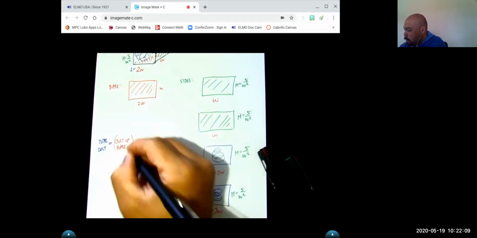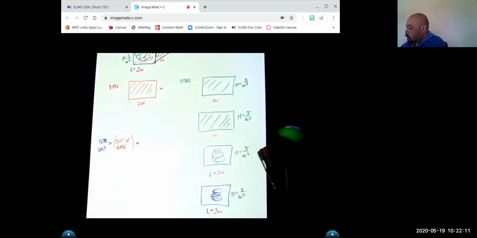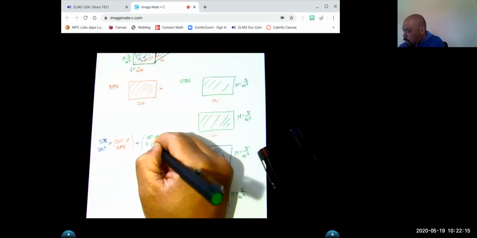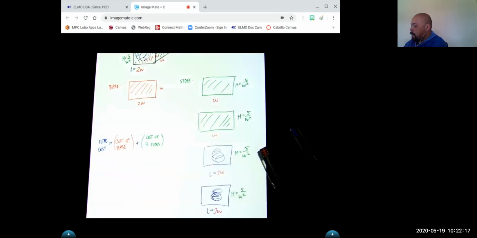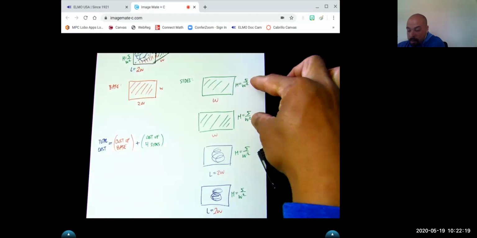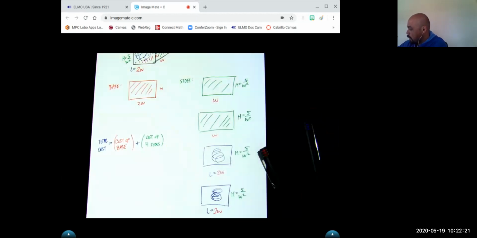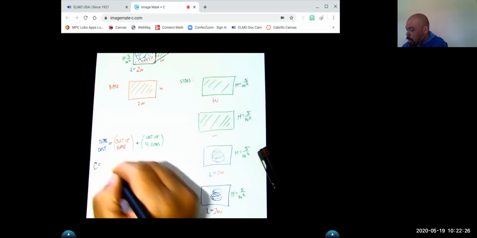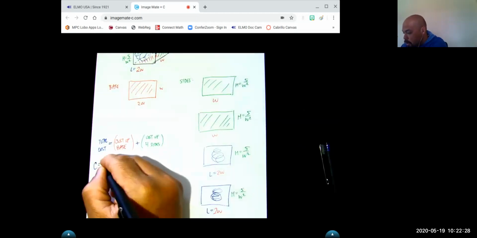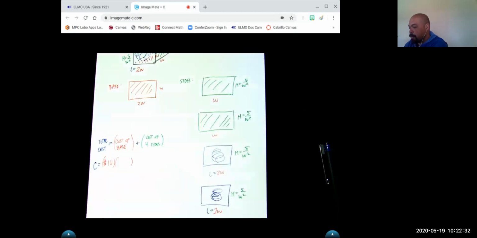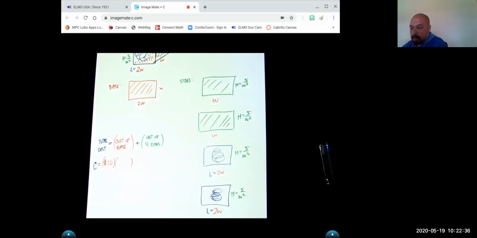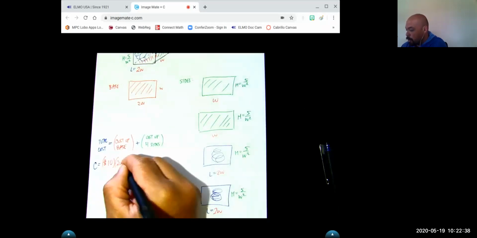Plus the cost for our 4 sides, right? And so as we start to deal with those 4 sides, we have 2 of this form, 2 of this form, right? So then as I start to build this up for that base, $10 times the area of the base, 2W times W, right?